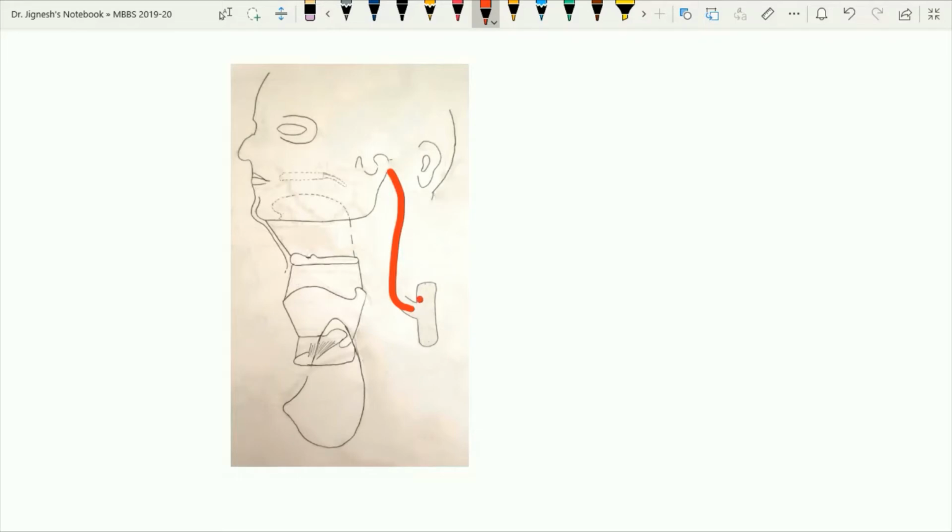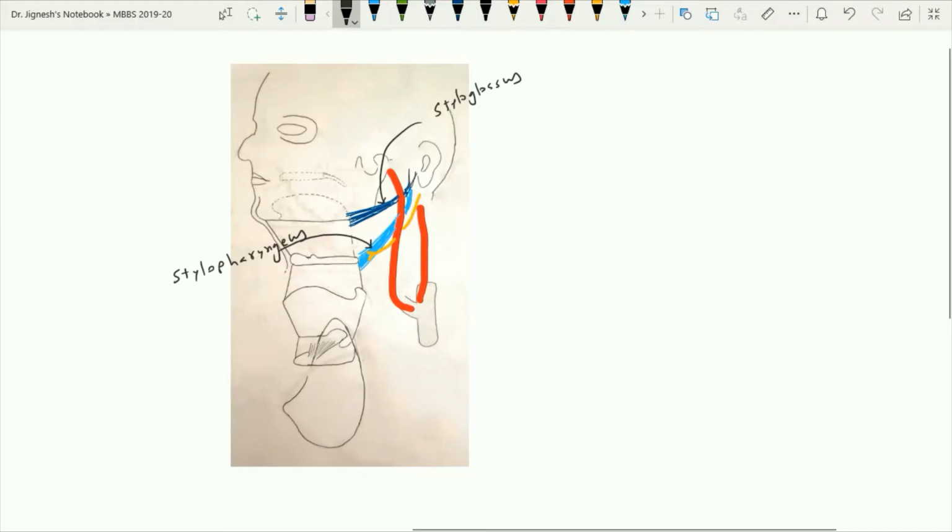Between these two arteries mainly the styloid process lies, and from the styloid process two muscles pass, the styloglossus muscle and the stylopharyngeus muscle. Along with this, the glossopharyngeal nerve also passes between the external and internal carotid arteries and supplies the styloglossus as well as the other structures of the pharynx.